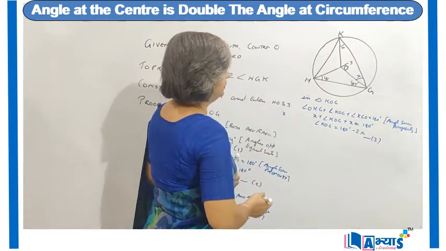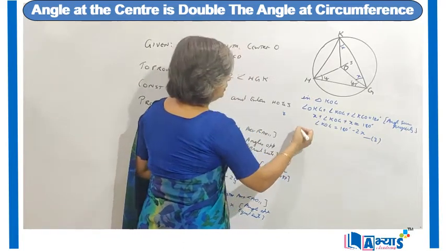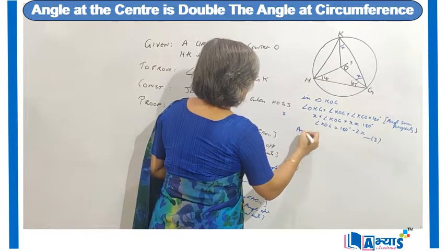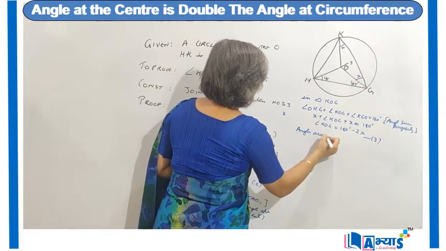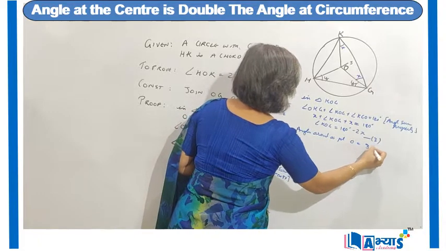Now we know that angles around a point O are equal to 360 degree.